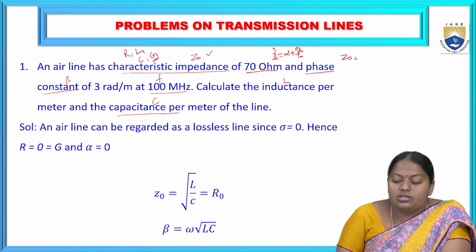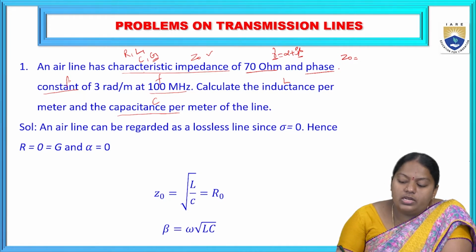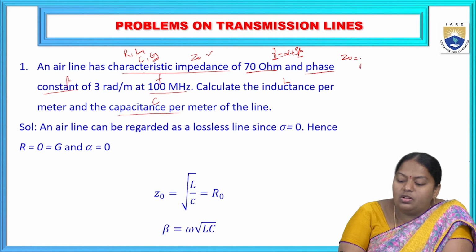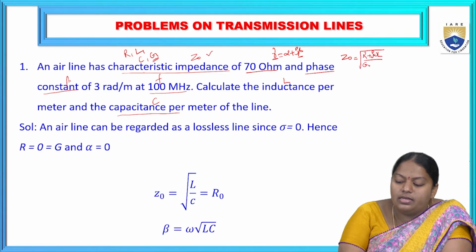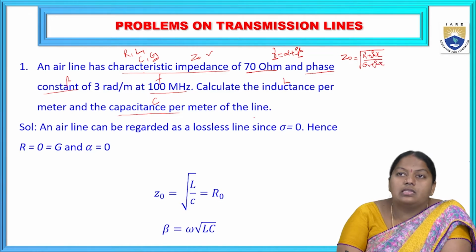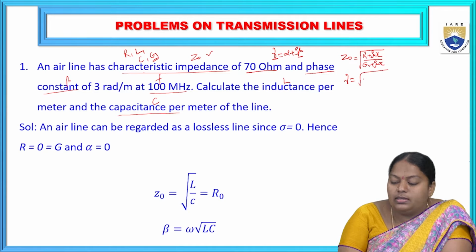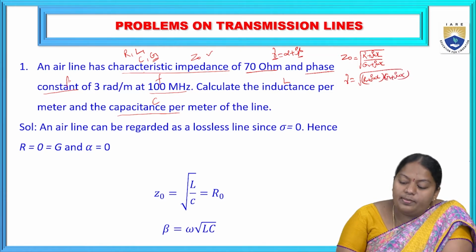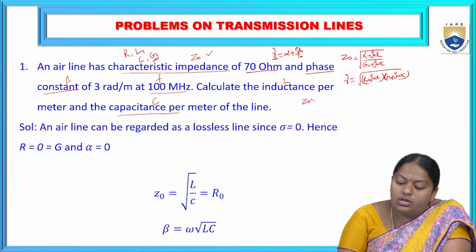Z0 can be written in terms of the primary constants as the square root of (R plus j omega L) by (G plus j omega C). And the propagation constant gamma can be written as the square root of (R plus j omega L) into (G plus j omega C).